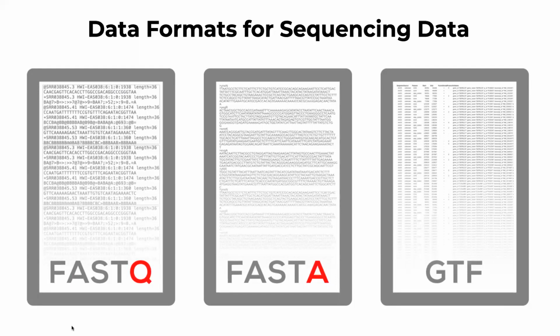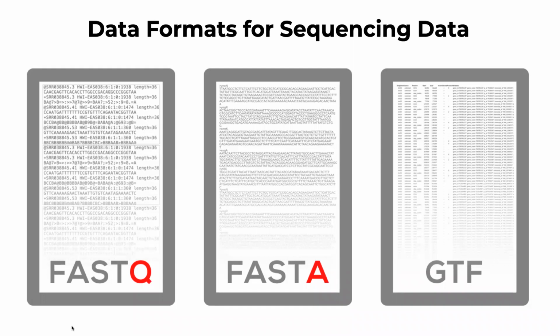So if you have a reference genome or a collection of reference genomes, those could be stored in a FASTA file. And typically there's also a genome transfer format, which is used to annotate the FASTA file, to identify specific portions of the sequences that have information about the beginning and the end of some kind of an element, okay?